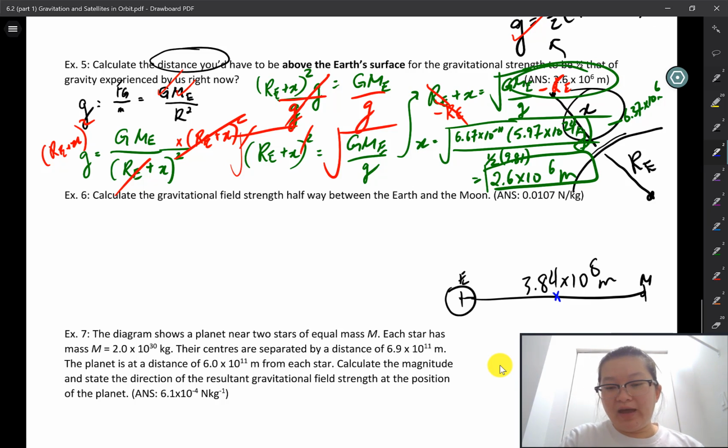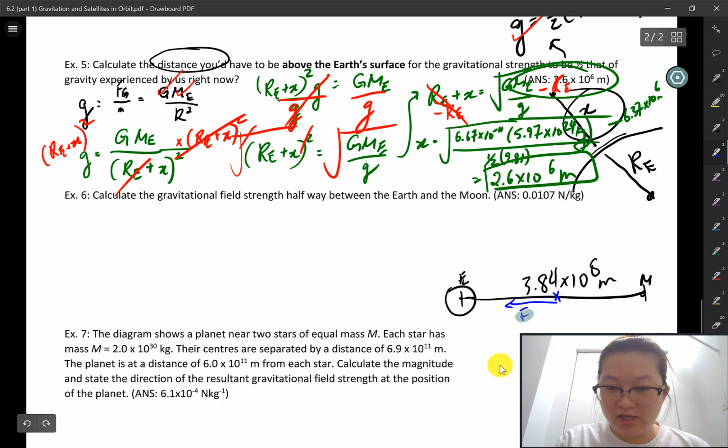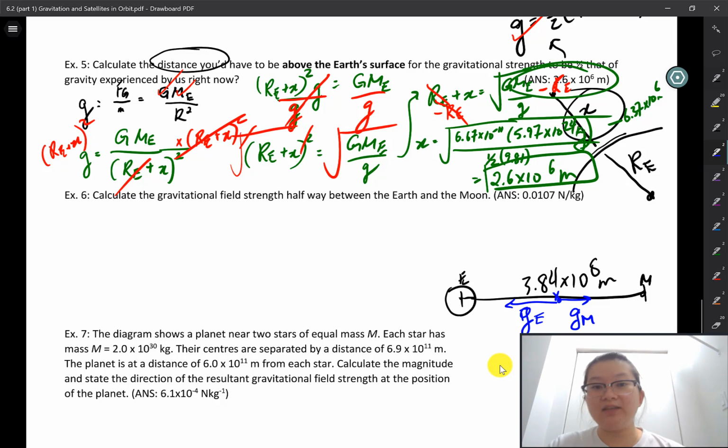And as you may expect, we want a gravitational field strength. So in fact, we want to find g, the gravitational field due to the Earth, and we're going to have some that's from the Moon, gravitational field due to the Moon. We're going to have to find the vector sum of the two, since the gravitational field strength is technically a vector, just like acceleration is a vector as well.